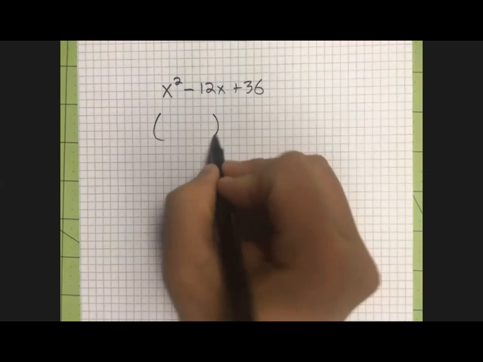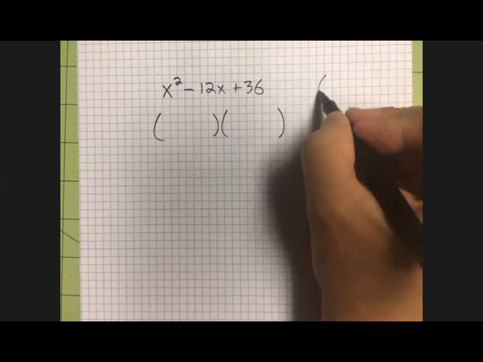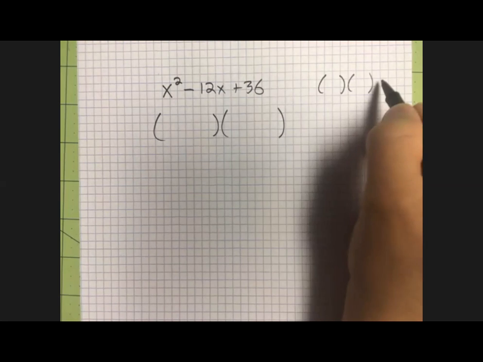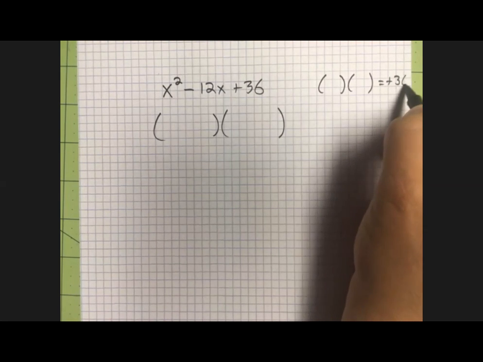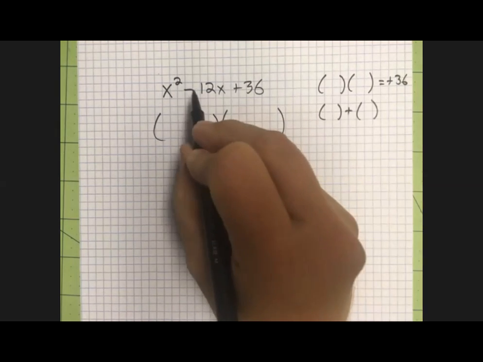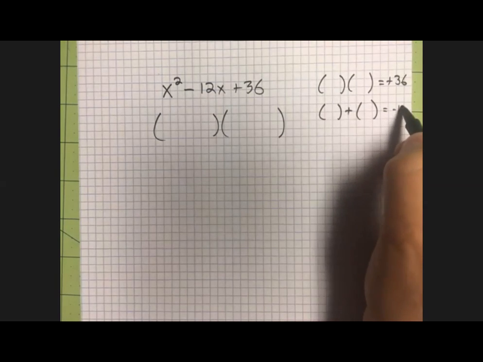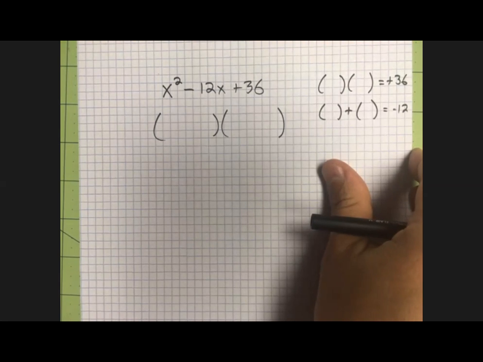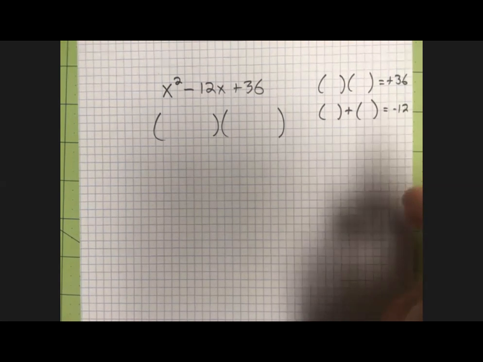Can you break that by giving me two numbers that multiply to positive 36, but add to minus 12? They are minus 6, minus 6.